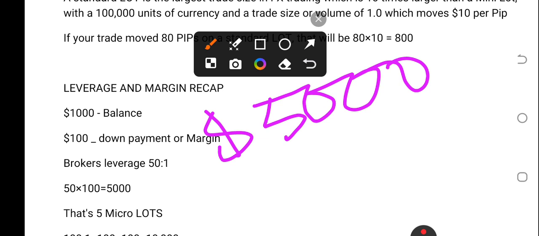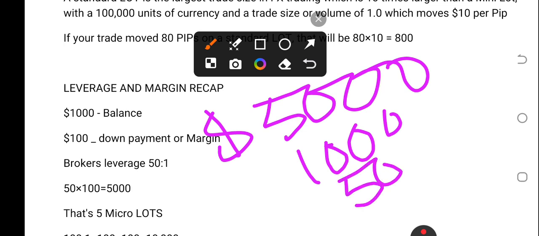Then you take out $1,000 as your margin, or you choose to take out $500 as your margin. The margin is a down payment. That is the amount that you have set aside to open a trade.